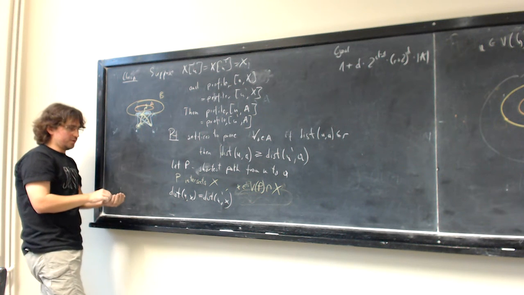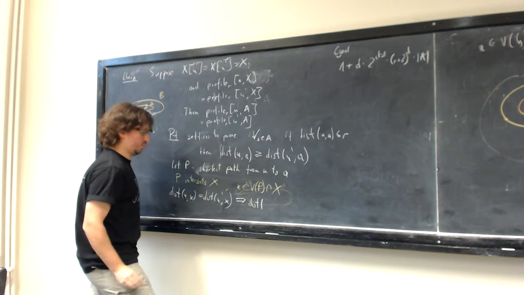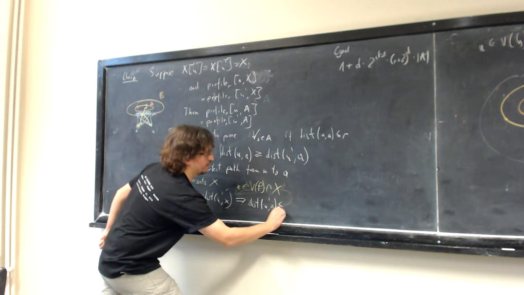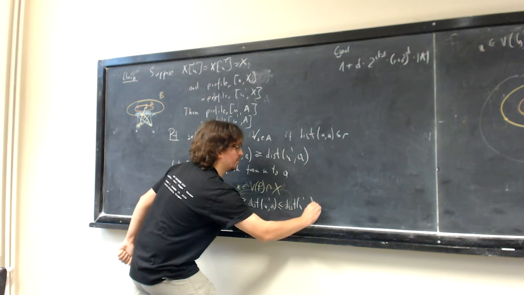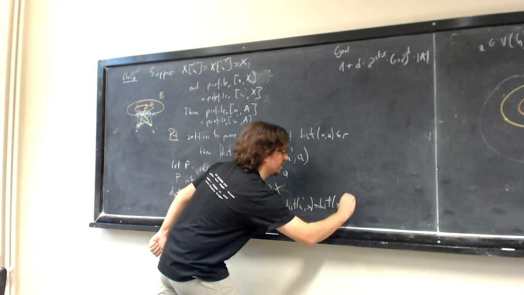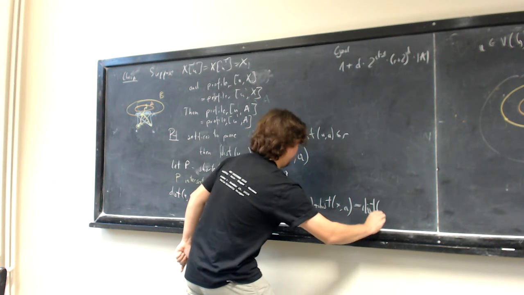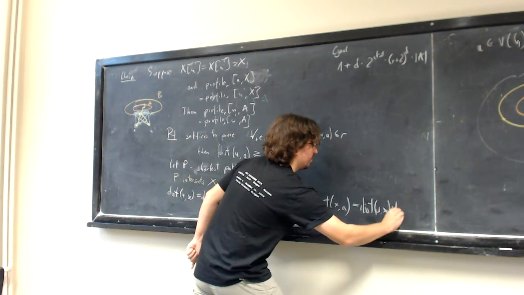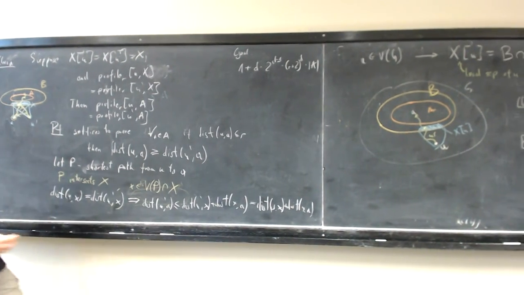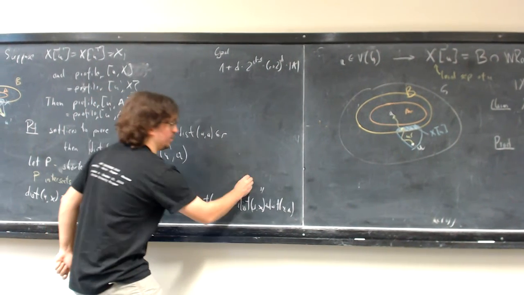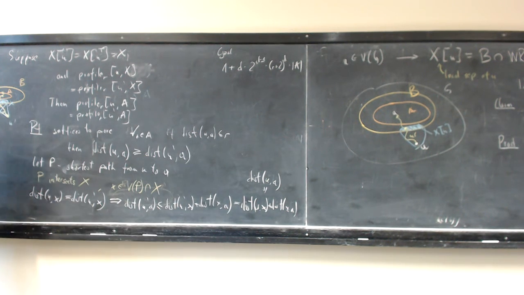Yeah? So this implies that the distance between U prime and A is upper bounded by the triangle inequality by the distance from U prime to X plus the distance from X to A. Yes? This is now equal to the distance between U and X plus the distance between X and A. And this was the shortest path from U to A, so this is just the length of P, which is the distance from U to A. Yes?